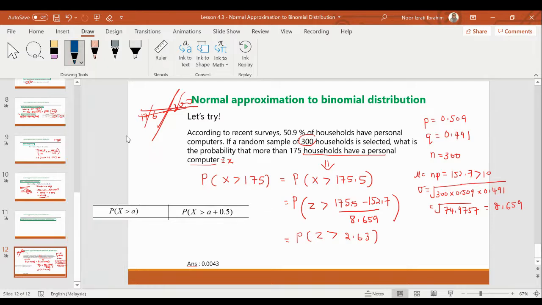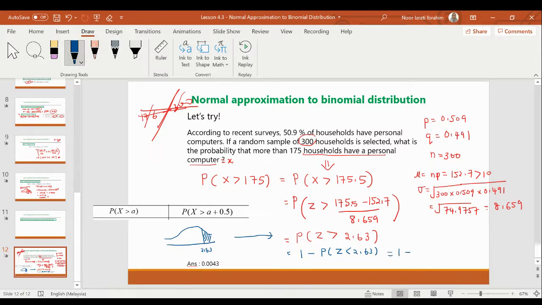All right. Here, if I draw the region, 2.63 is around here, and we want to find this shaded region. The table only gives us z less than, so it will be 1 minus the probability when z is less than 2.63.